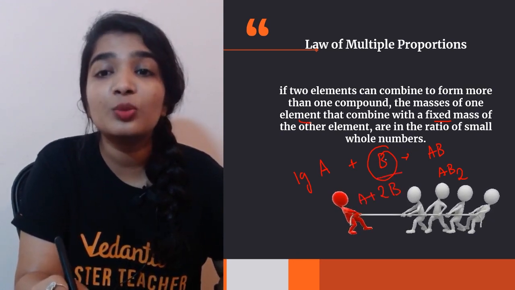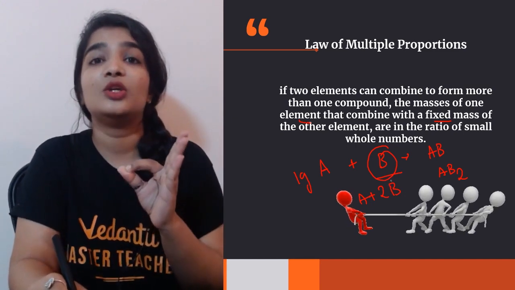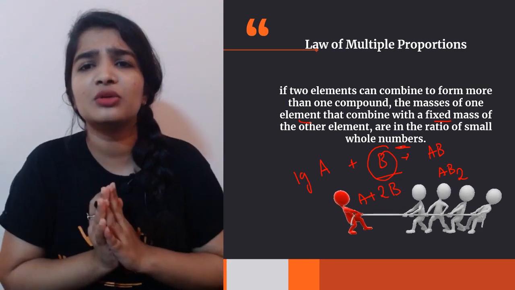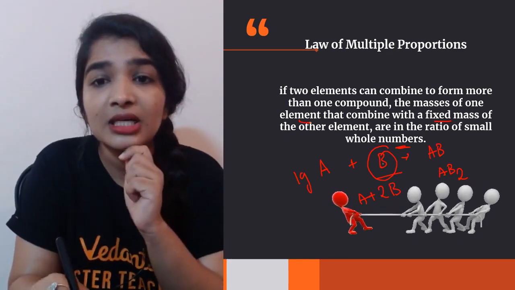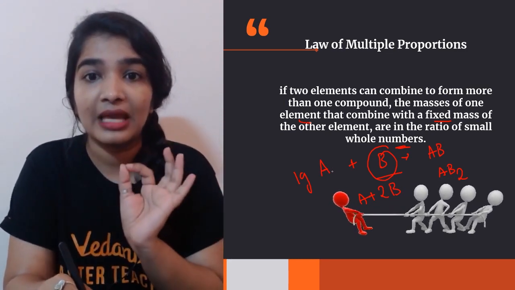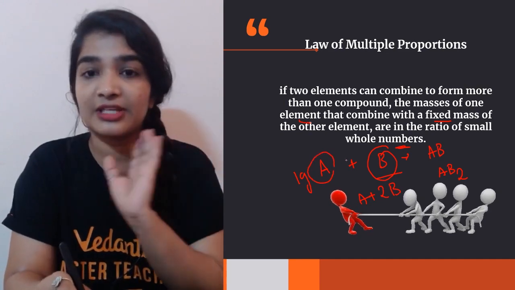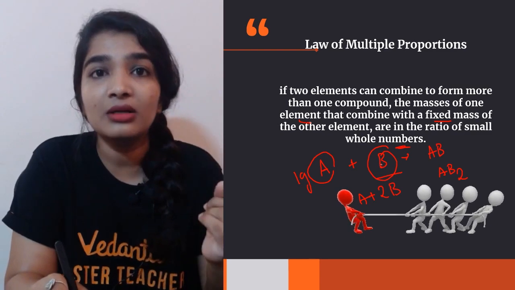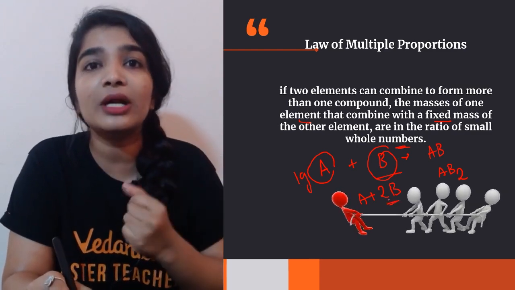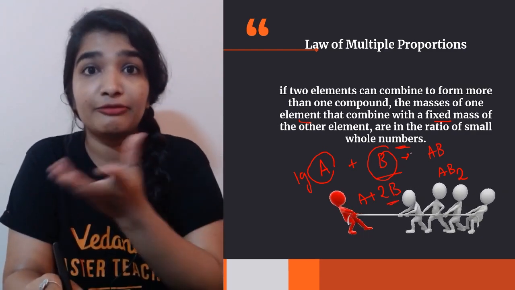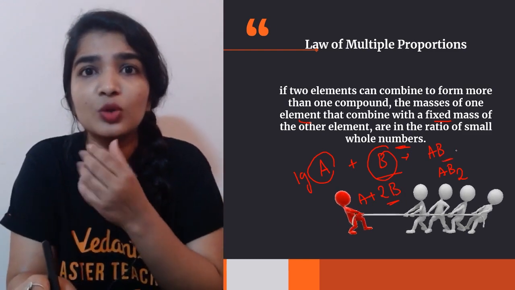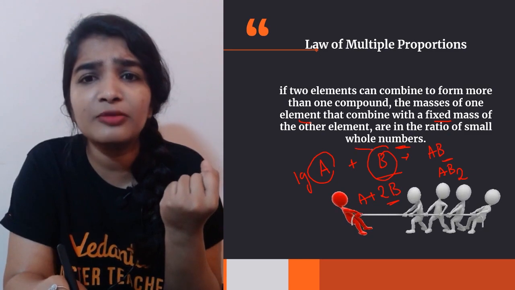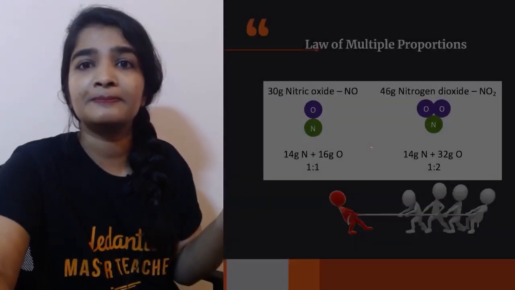You always get a very small whole number ratio. See, it's very simple. A is fixed, we have already fixed the mass. Here you have taken one atom of B, here two atoms. So obviously, when you go with their mass, you will get multiples of 2, and you will end up with a small whole number ratio only.